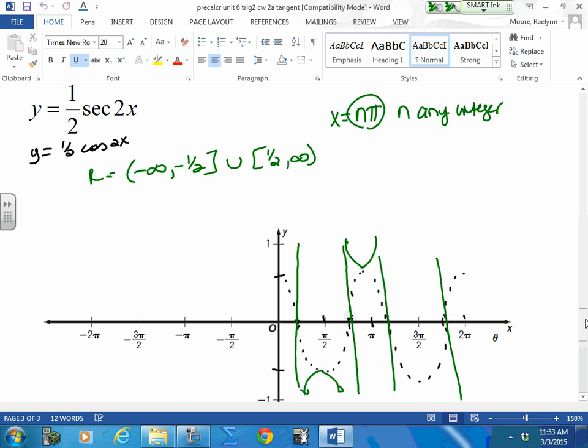You take this guy x, and instead of x now, it's 2x. You set 2x equal to n pi, and you solve for x. Divide by 2. But you still keep this, where n is any integer.